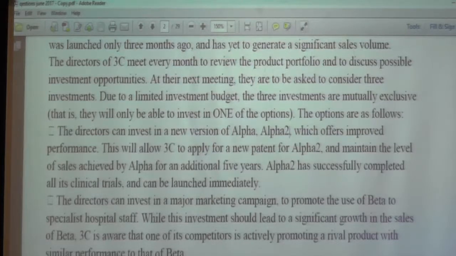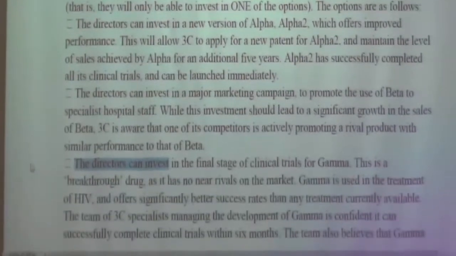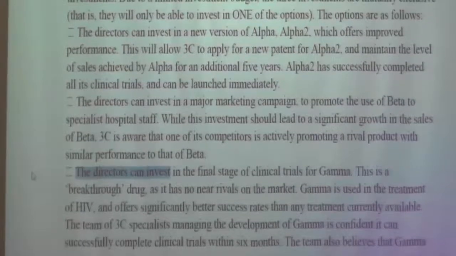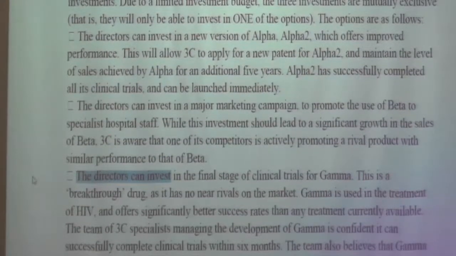Last one, directors can invest. This is the last investment. Directors can invest in the final stages of clinical trials for gamma. Now it says it's in the final stages of clinical trials.